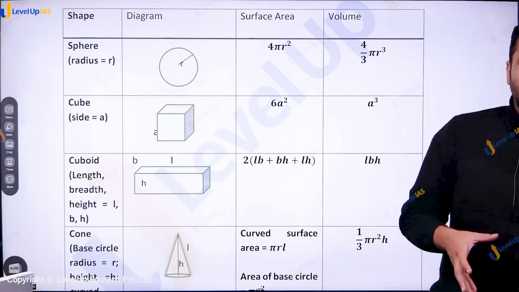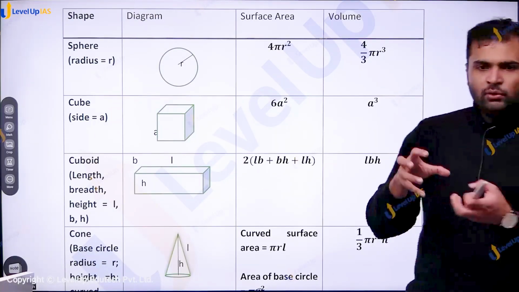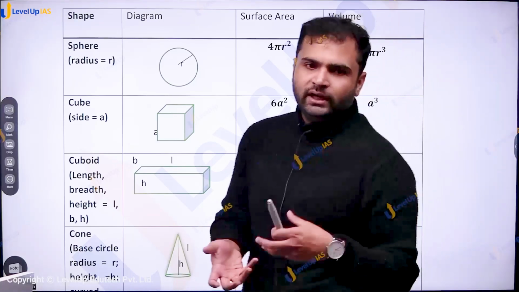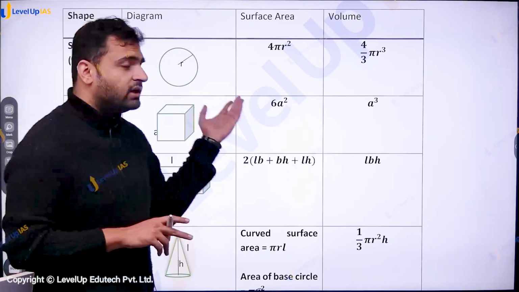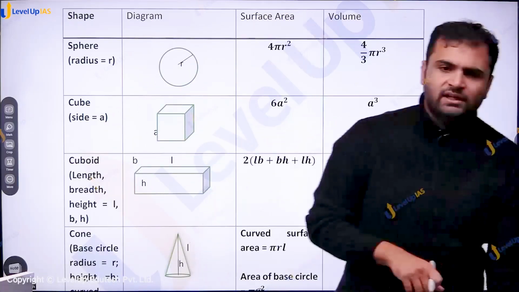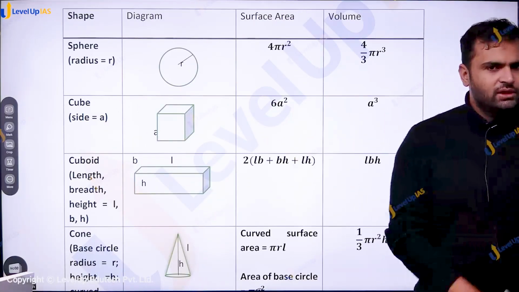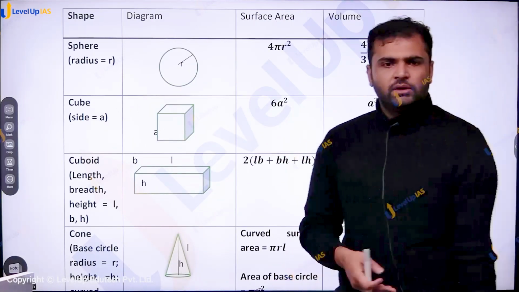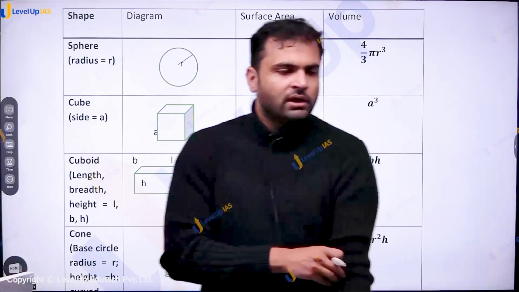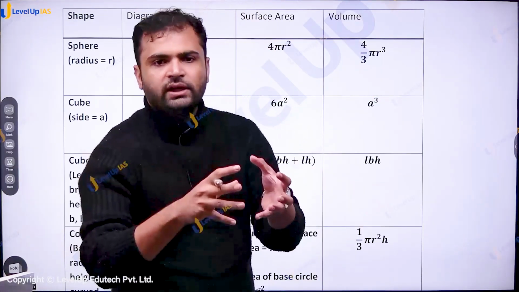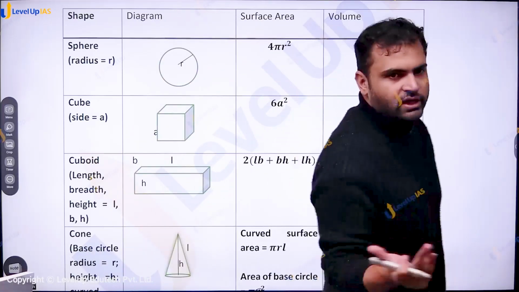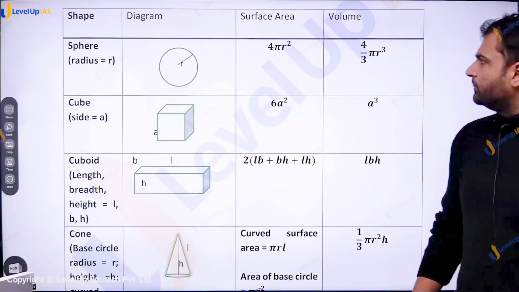And volume is how much total volume is occupied by that shape. Surface area is represented in meter square, centimeter square, and volume in meter cube, centimeter cube, because it's a 3D shape. For example, how much water can be contained inside that particular shape? That could be one way to imagine.